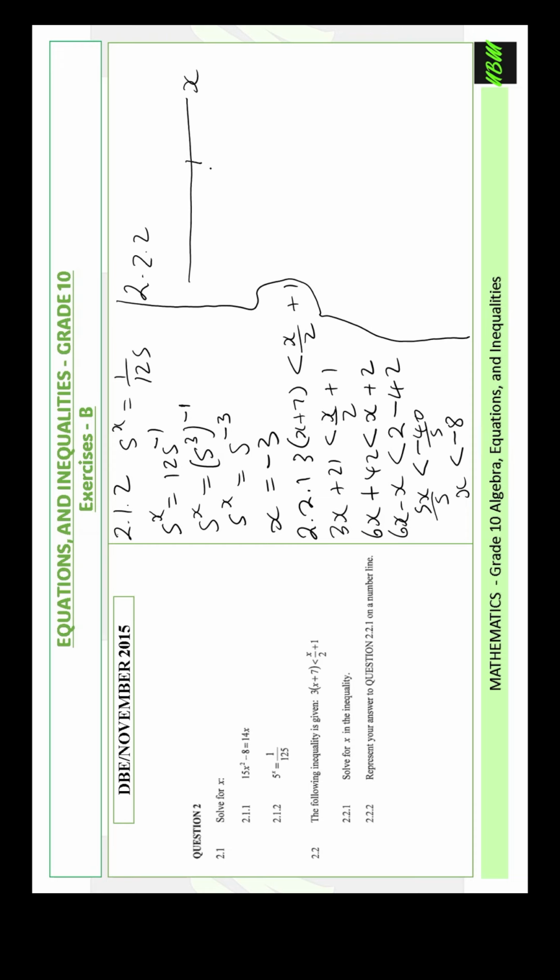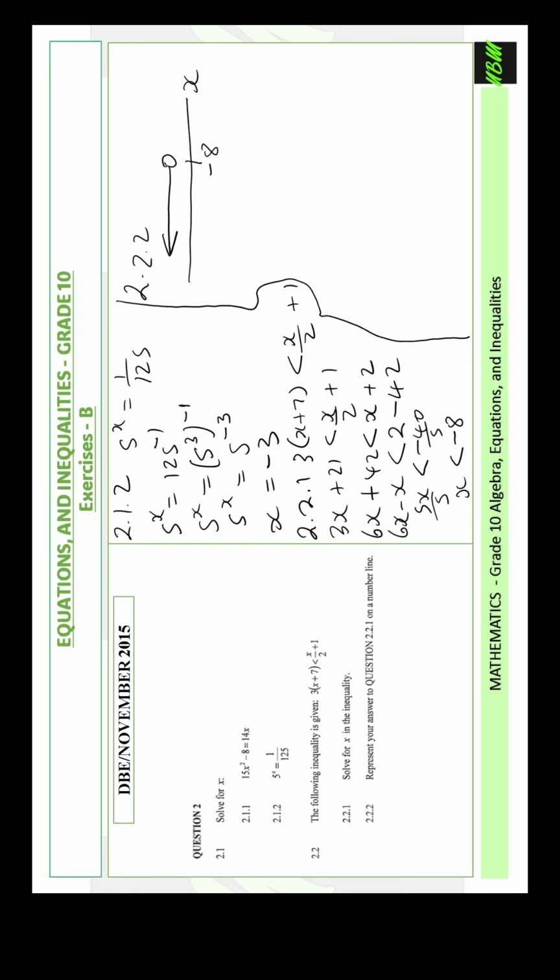Let's have negative 8 on the number line. Now, what does x less than negative 8 mean? It means all the values of x to the left of -8. So we draw an open circle above -8 and all the values of x that are on the left. Then we draw a line that is pointing to the left.